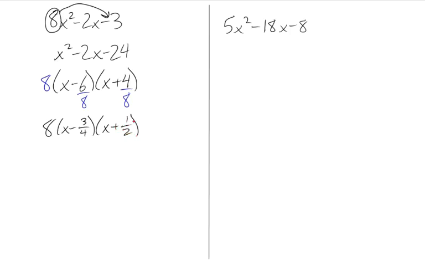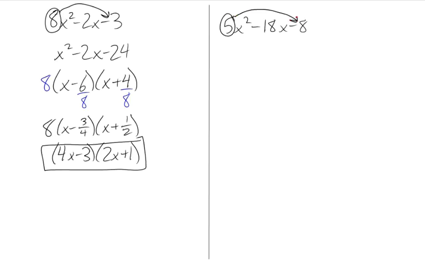I'm going to multiply the second function by 2 and the first factor by 1. You'll notice I multiply by 4 and I multiply by 2. That's coming from multiplying by 8. So I get 4x minus 3 times 2x plus 1. Finished. Next example.